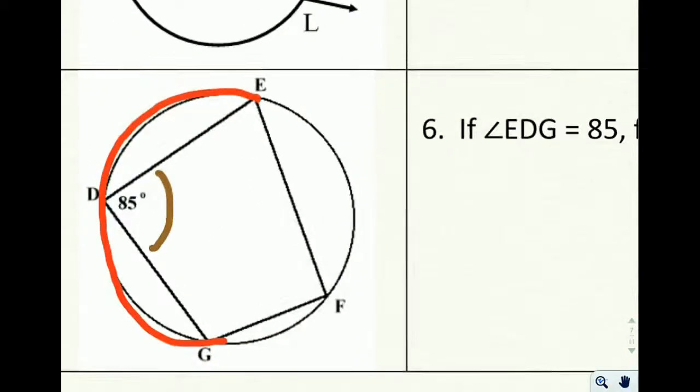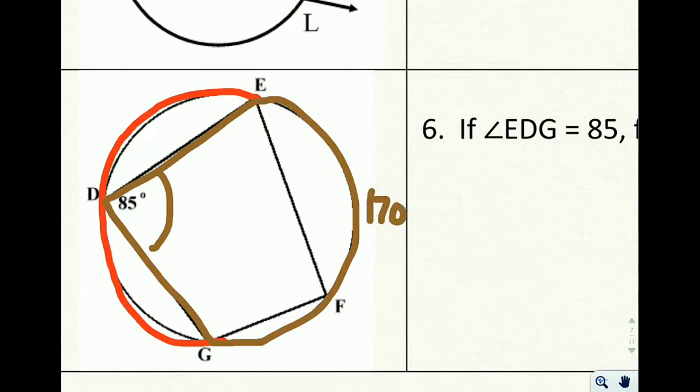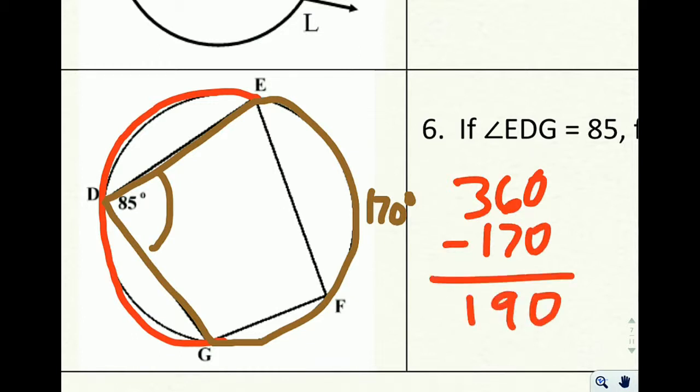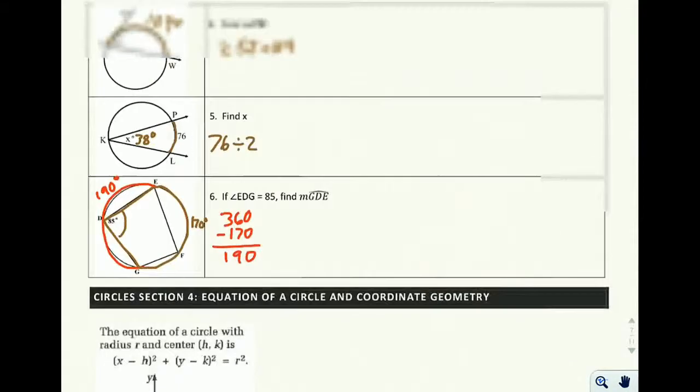Here's the issue: this 85 degrees here is going to tell us this side right here, because we're going to take that 85, double it, and get 170 over here. However, the benefit of that is, since we know the whole thing is 360 and it's either the red or the brown, we can take 360 minus the 170, and that's going to leave us with 190 degrees over here. And that's all for our examples.